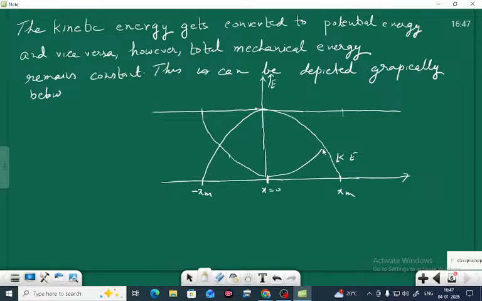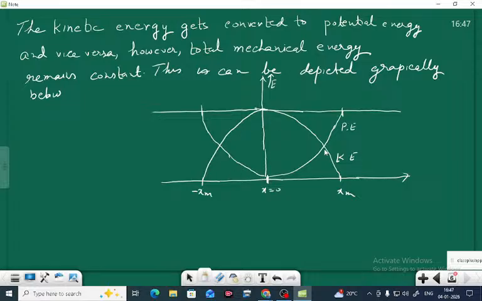It depicts that potential energy is maximum at the ends, and at equilibrium the potential energy is zero.